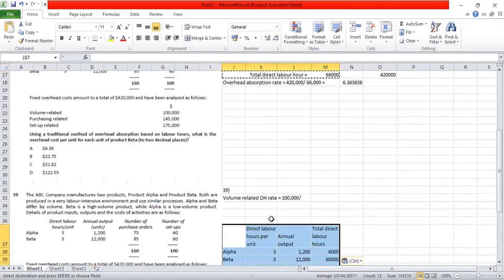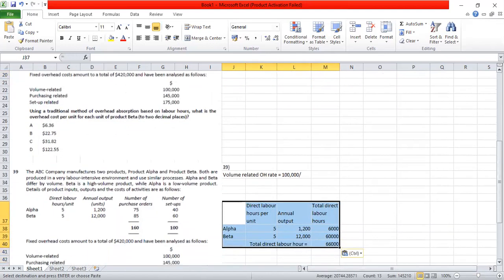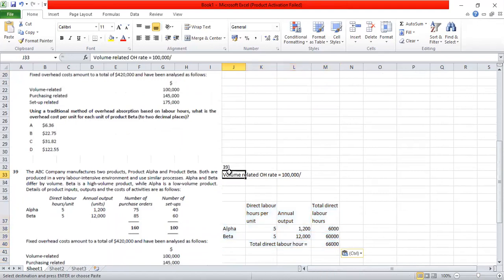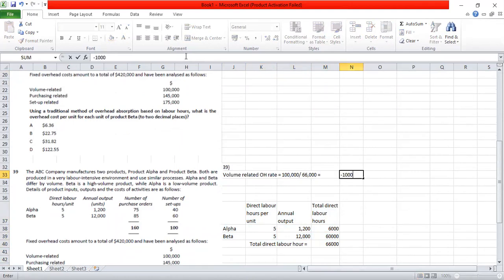So how much is that? That's 1.515 per labor hour.